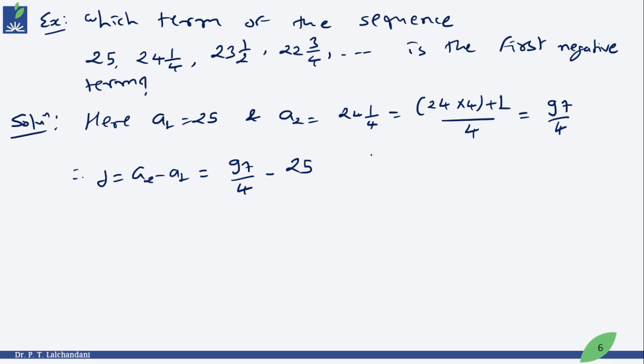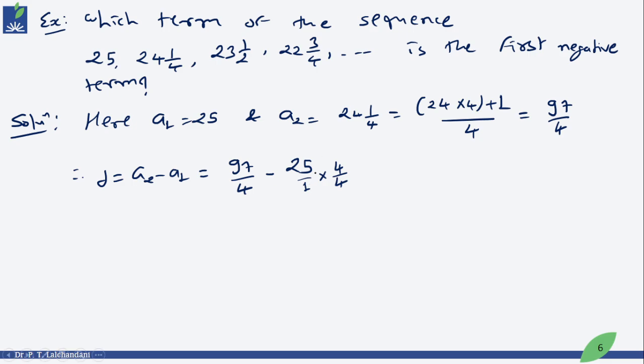minus 25, right? So see, in this term we have 4 in the denominator, while here we have 1 in the denominator. Since the denominators are different, we cannot directly subtract these two terms. So what we will do, we will take the LCM, or in simple words, we will multiply and divide this term with 4. We know that 4 upon 4 is 1, and 25 into 1 is 25.